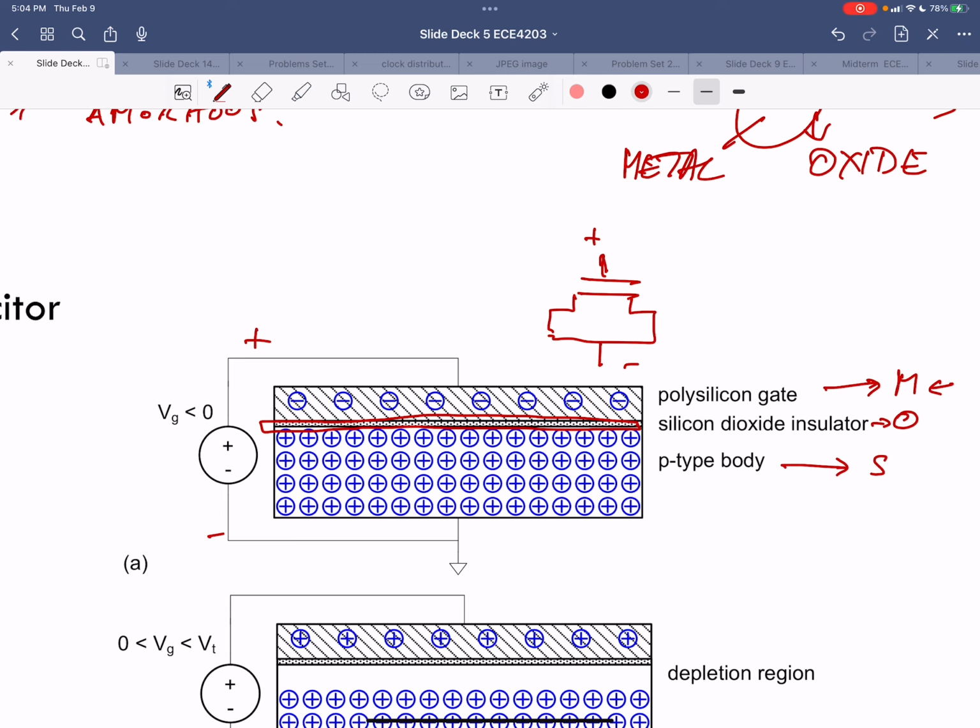A p-type body means there's an excess of holes in the semiconductor, and these holes are mobile, positively charged carriers.